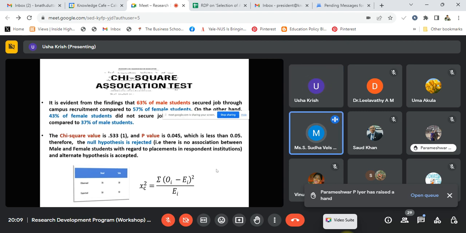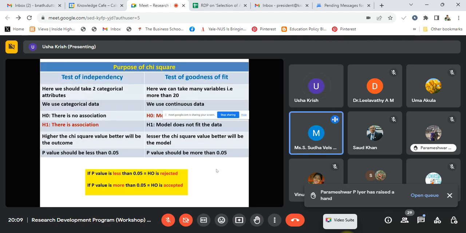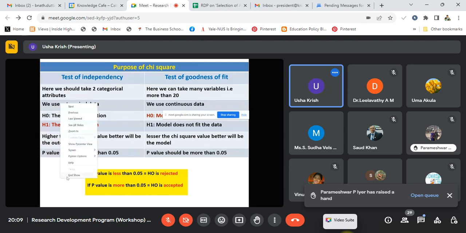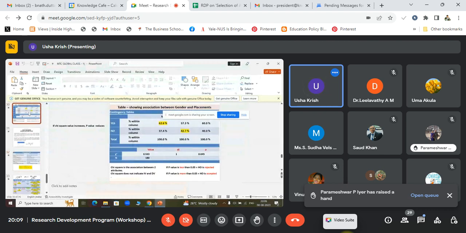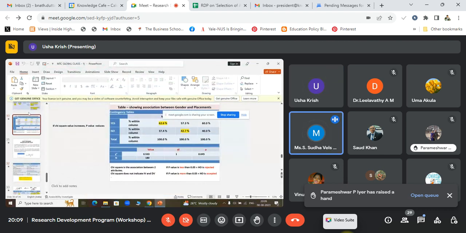Just a minute, ma'am. In the previous slide, just go back. No, just now you explained the p-value and 0.533, the reporting part.